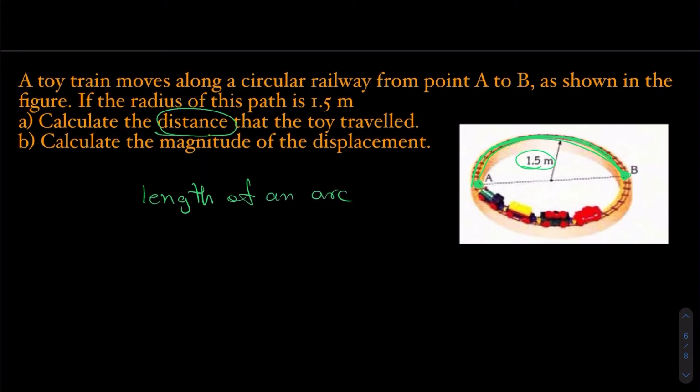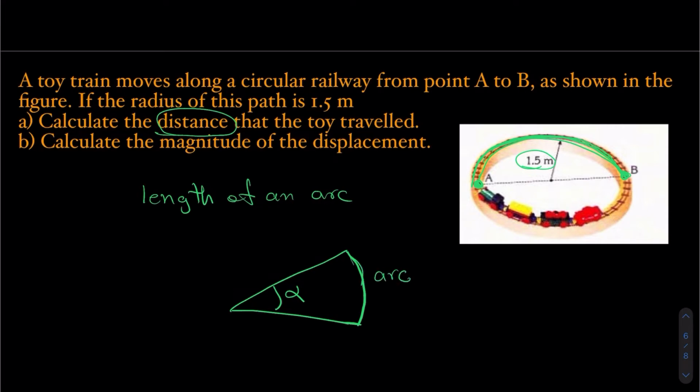Suppose, in a general form, we have an angle alpha, and there is an arc here with radius r.